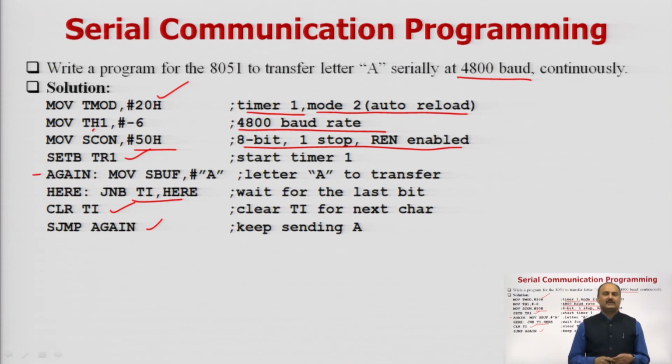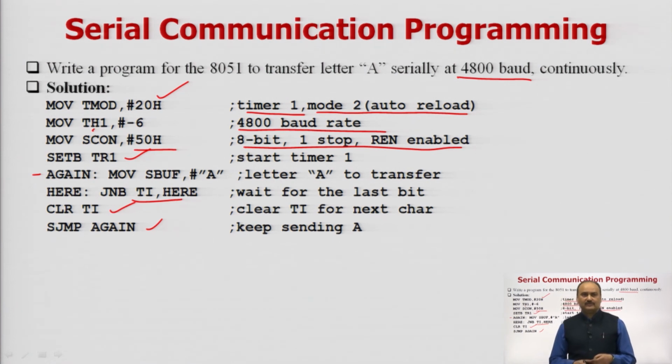With the help of this, we can transfer the letter A with a baud rate of 4800, which is the baud rate between the 8051 and the serial communication port. For this programming, the important thing is that we need to configure the TMOD register with a value for selecting timer 1 and mode 2 operation, which is auto reload.